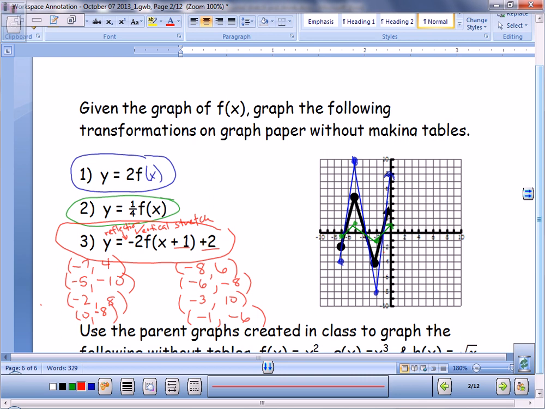Okay, so now let's graph this. So it goes -8, +6, and then -6, -8, and then -3, +10, and then -6.